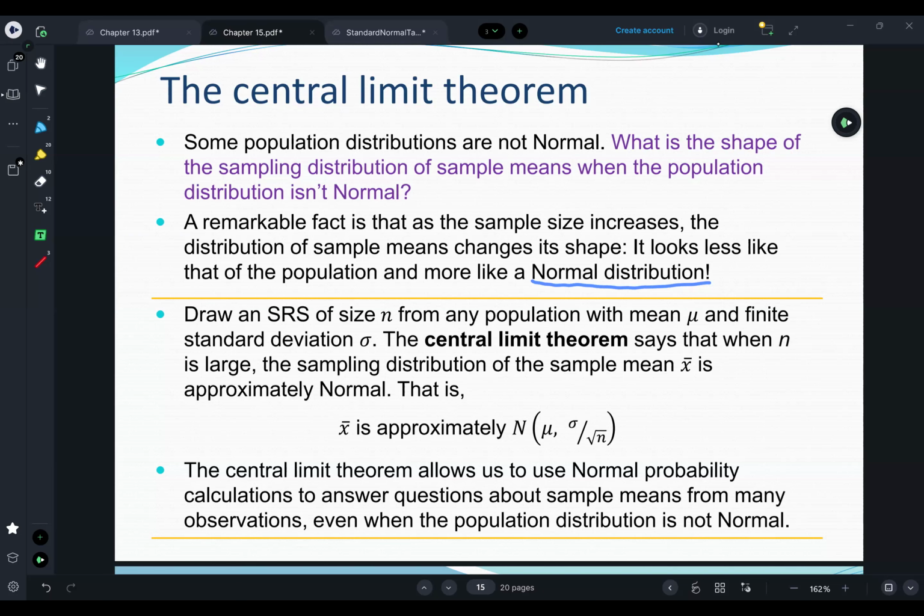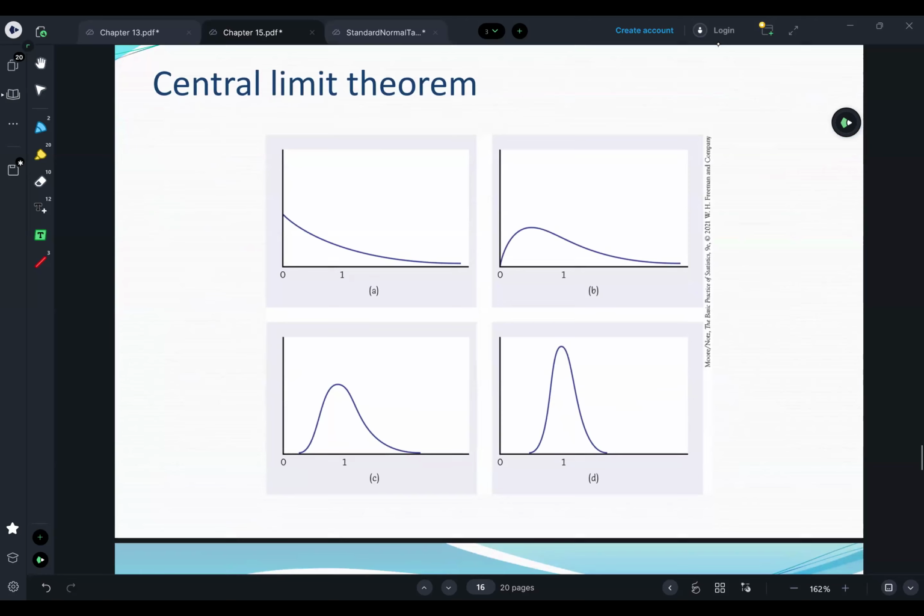And the central limit theorem allows us to use normal probability calculations, the tables, to answer questions about the sample means from many, many observations, even when a population distribution is not normal. So that's the remarkable part of it. I think I've got some pictures here first.